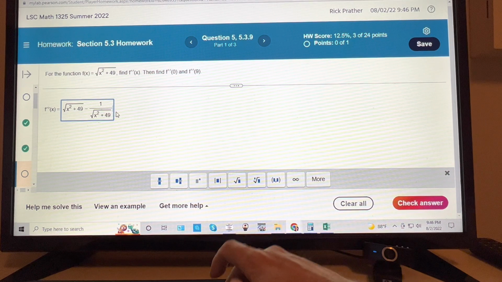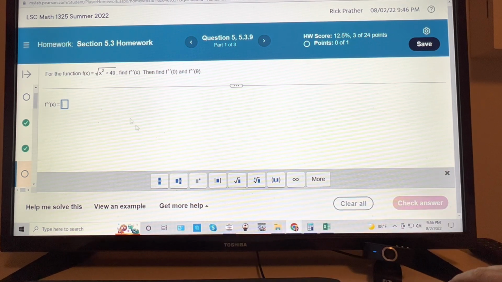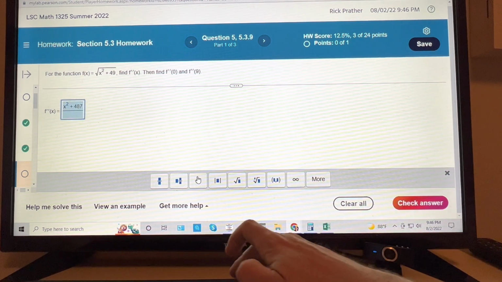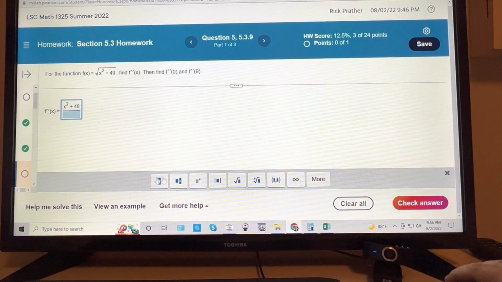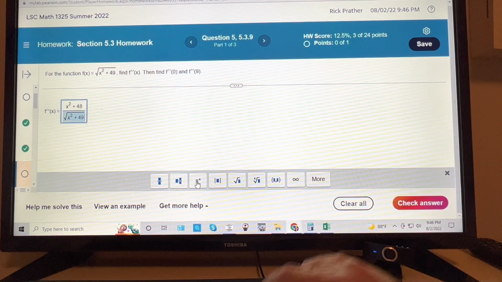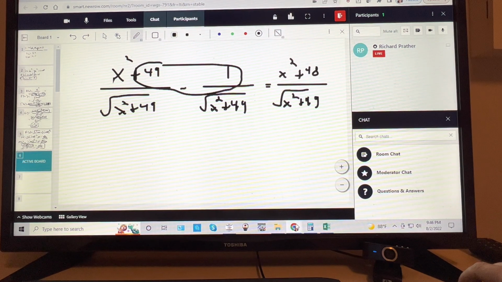They might not like this having two separate parts, so. Okay, so the top would be x squared plus 48. And then the bottom is just the radical x squared plus 49.